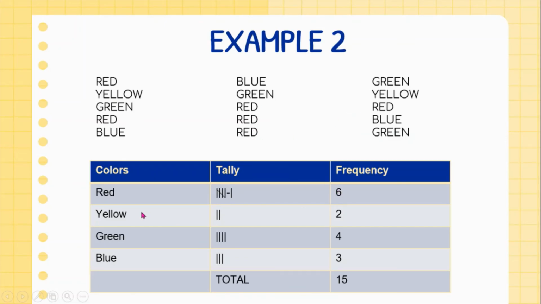So that's 6. For yellow, we have 1 and 2. So that's 2. For green, we have 1, 2, 3, and 4. So we have here 4. And for the blue, we have 1, 2, and 3. So that's 3. And if you add up the 6, 2, 4, 3, that is 15 because there are 15 students.